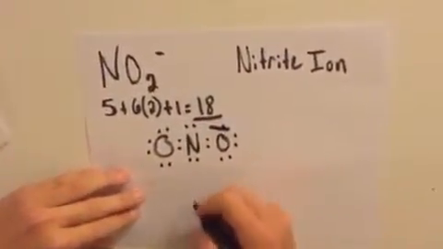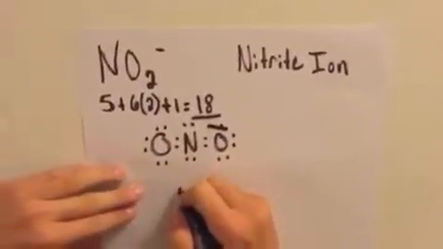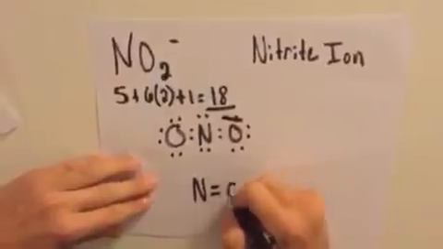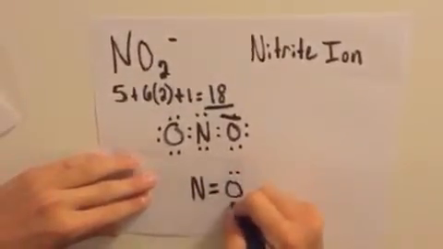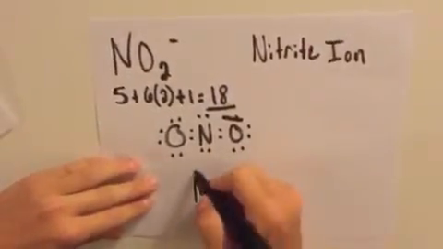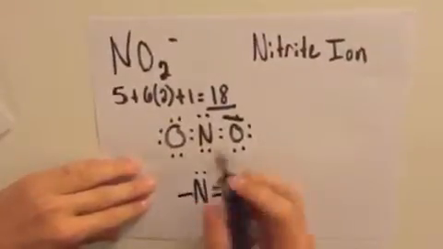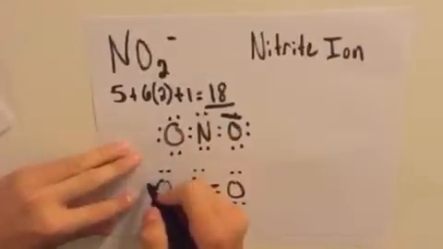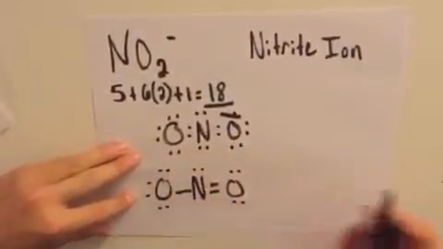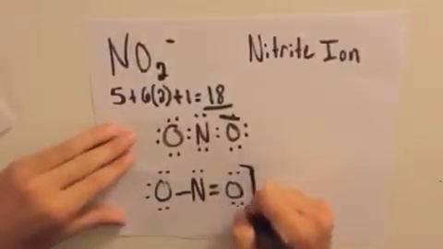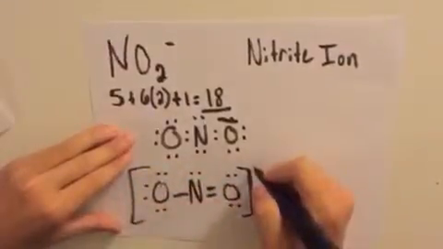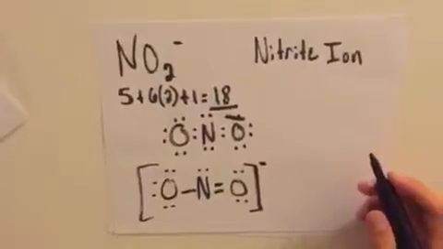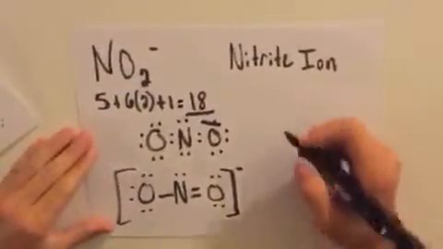Next, we're going to draw the ion like this. But the nitrite ion has a resonance structure that will look like this.